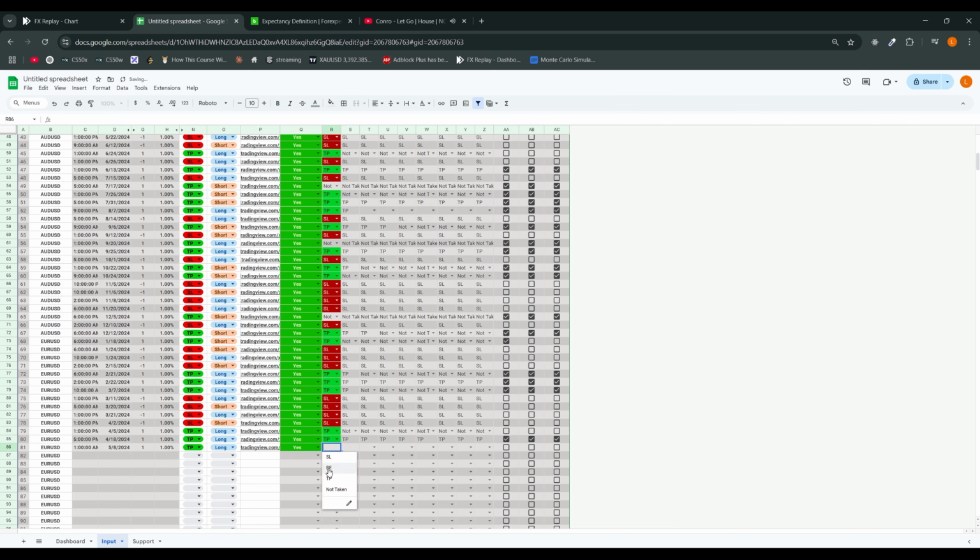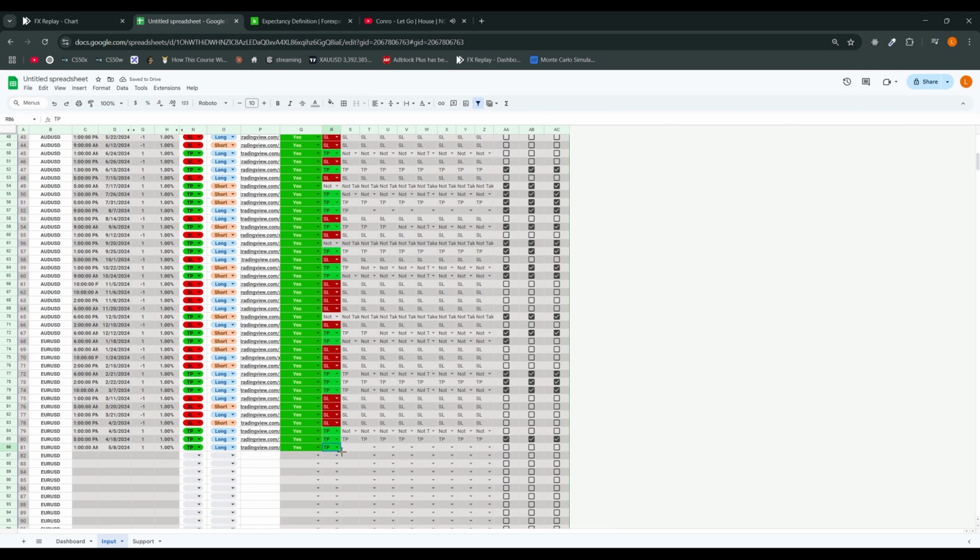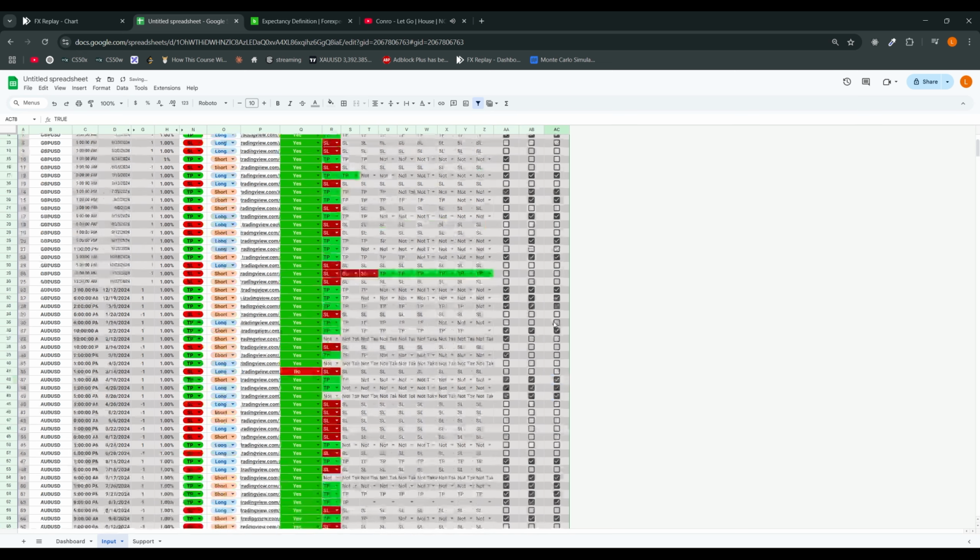Okay, so we reached the 60 range. I hope you guys find this way of backtesting interesting.